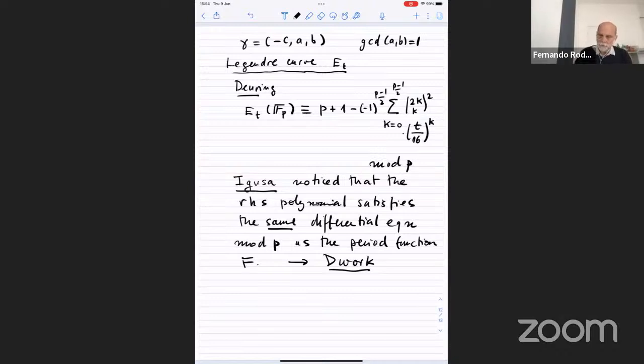Now, this only gives us a connection that is mod p, but this can be souped up to an actual p-adic formula. So this number of points, we wrote it as p plus 1 minus a_p, and it depends on the choice of parameter. Here, of course, we better have that we choose t to be in Fp to make sense of this.